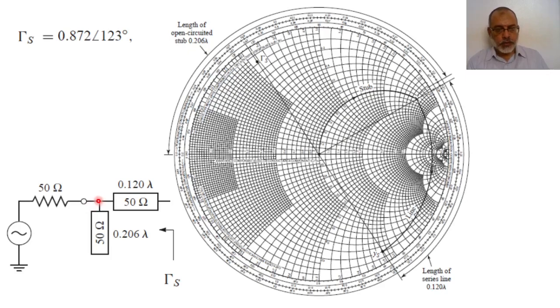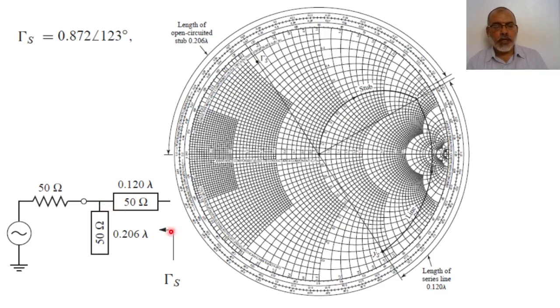At this point, the real part normalized is 1, which is 50 ohm. If we are looking at an admittance, it would also be 1, because the admittance is 1 over the impedance, so 1 over 1 is 1. And here we have a stub. The stub is assumed to be jB. So the total admittance at this point is 1 plus jB.